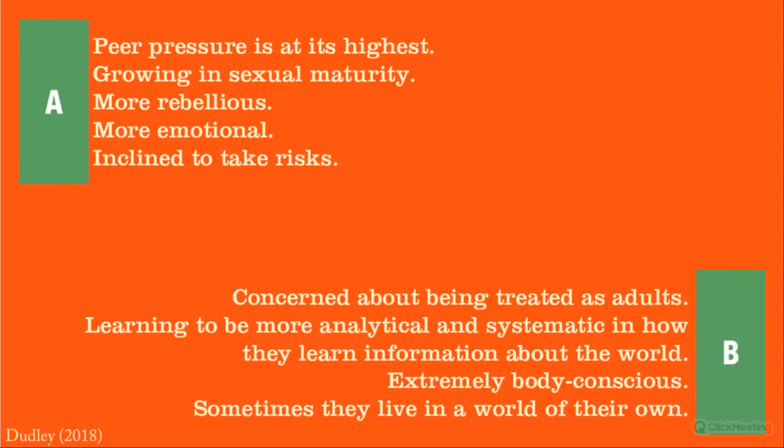The 16, 17-year-olds reach a point in which they start to understand that it's going to be more difficult than they had anticipated, and they don't want that much anymore, right? And this development of the analytical skills and to do things more systematically, to learn information about the world, is really the transition between being a child and being a teenager.